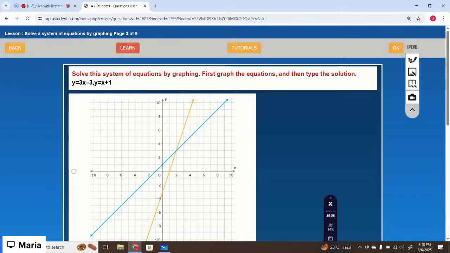Solve the system of equations by graphing y equals 3x and y equals x plus 1. So which is the correct option?